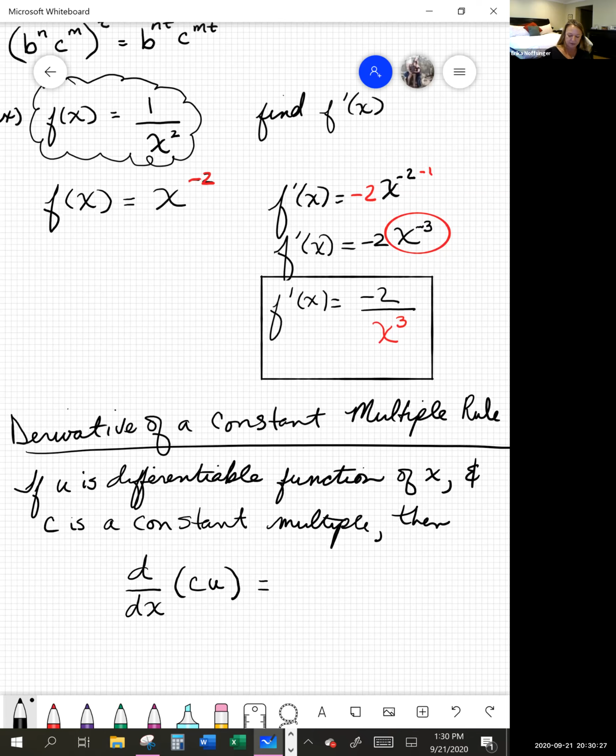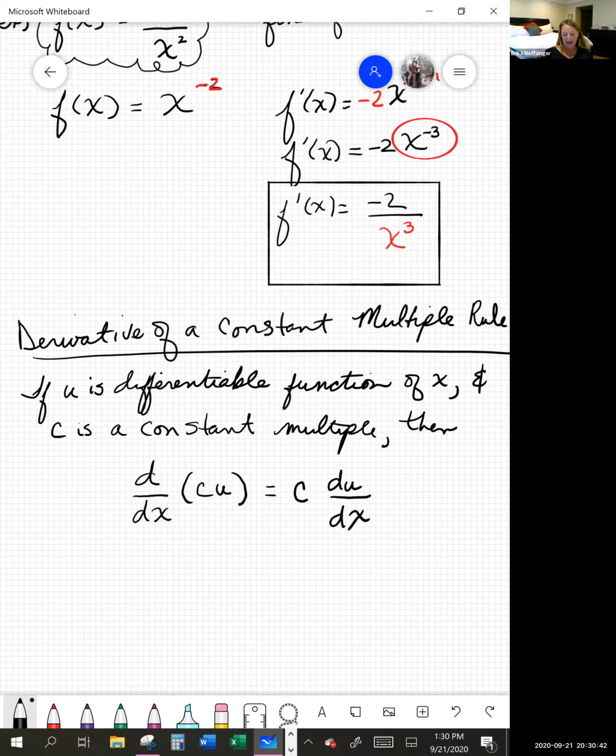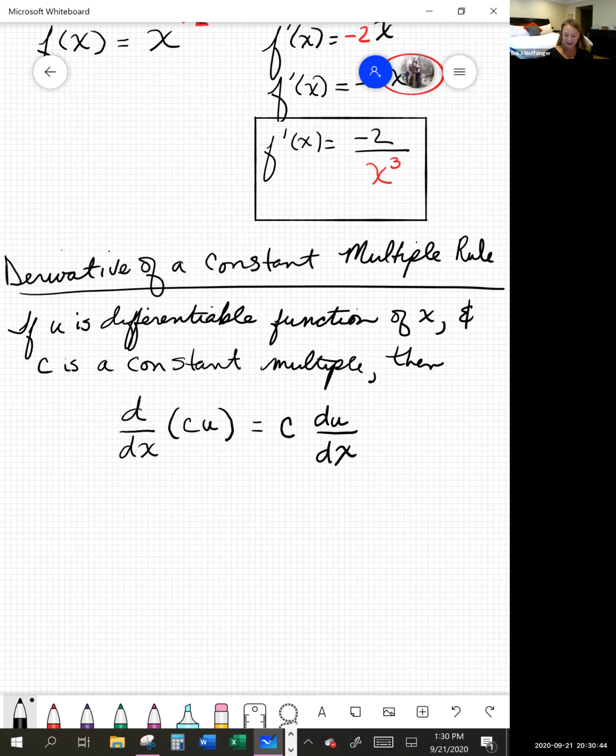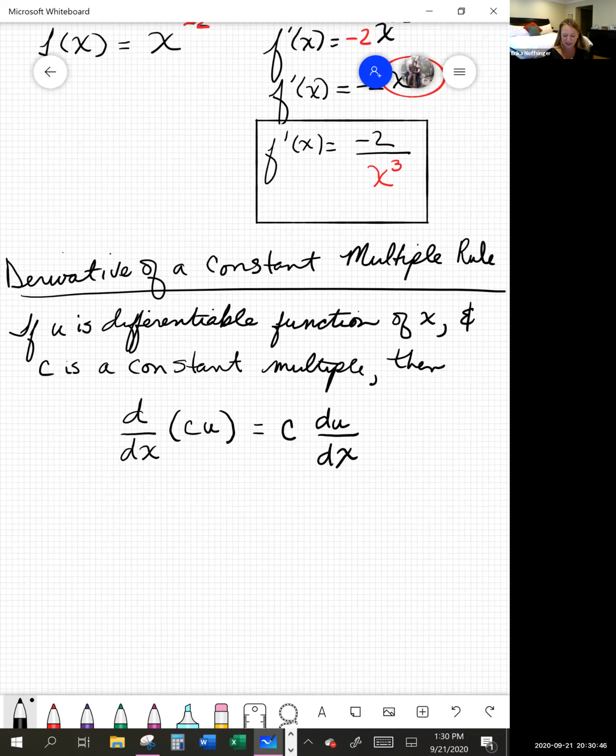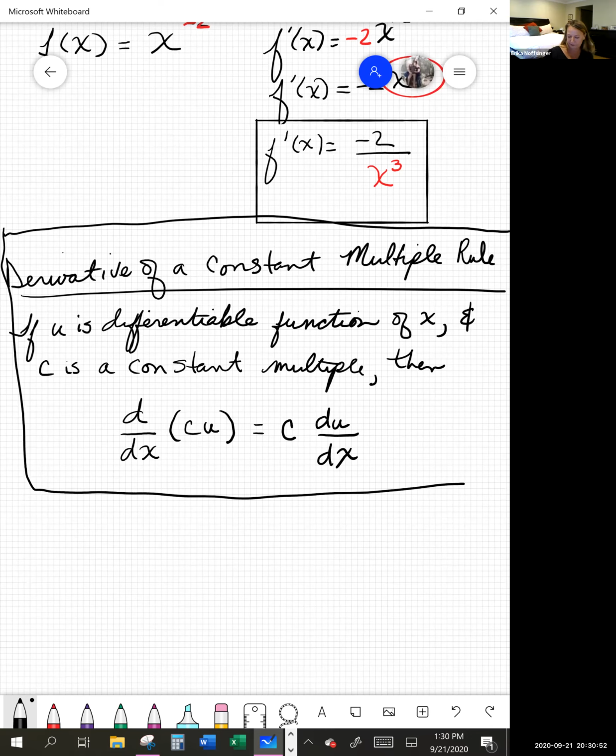This is the same thing as saying c times du over dx. This means that this is the derivative right here. This is how the book's notation gives it to you, and sometimes this is helpful notation, but I would have written this a little bit differently.